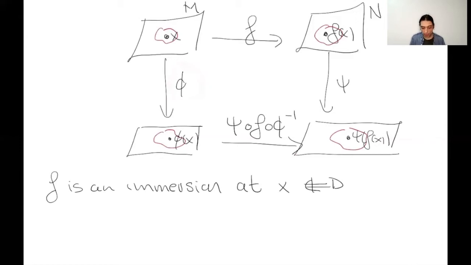And in the same way, psi can also be interpreted as a diffeomorphism. Since these two maps are diffeomorphisms, f is an immersion at the point x if and only if the expression of f in local charts is an immersion at the point phi of x. So let's write that property down.